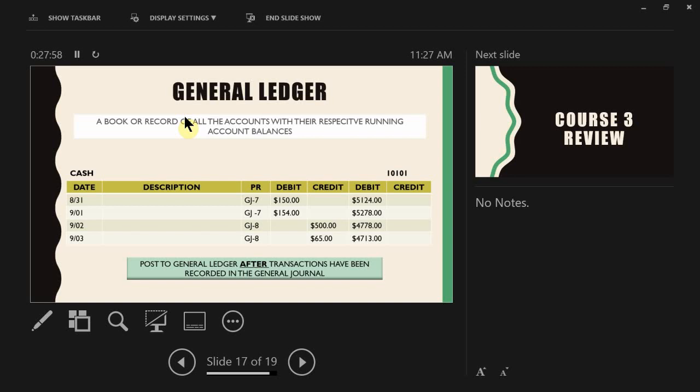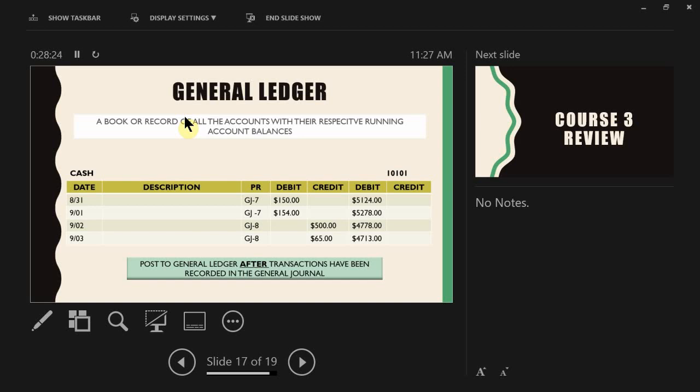Whereas with the ledger, you're actually knowing how much you have at the end of each day in each account, balance-wise. So for this example, I use cash again. So here on August 31st, I should have 5,124, and every entry I've made will give me a balance at the end of the day.